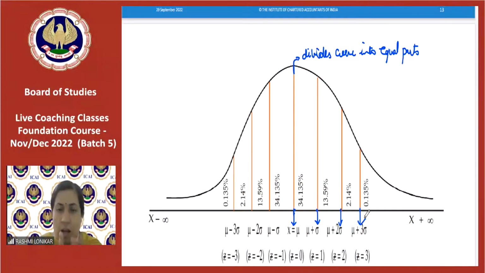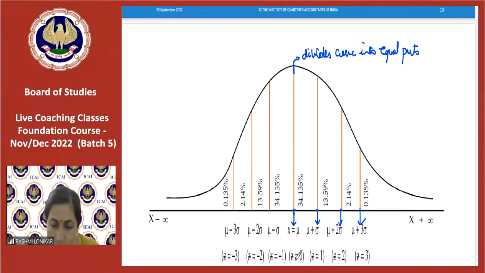From x is equal to mu, I can go on the positive side as well as the negative side. So on the left hand side, it will be mu minus sigma, then mu minus 2 sigma, and then mu minus 3 sigma. Here we are talking about mu, mu plus sigma, mu plus 2 sigma, and mu plus 3 sigma.